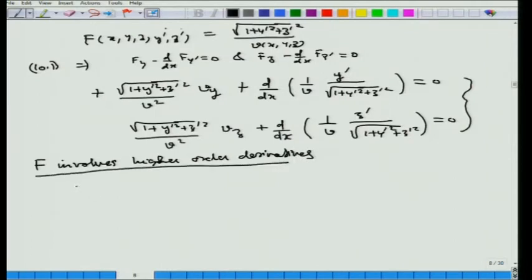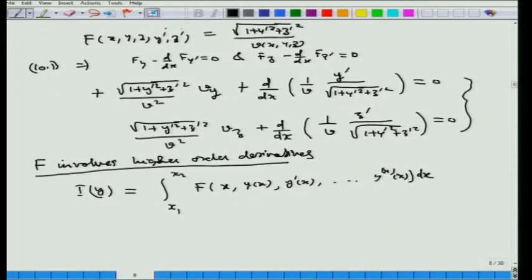So, here it will be like I of y, the integral from x 1 to x 2 of f of x, y of x, y prime of x, and so on up to the nth derivative of x.